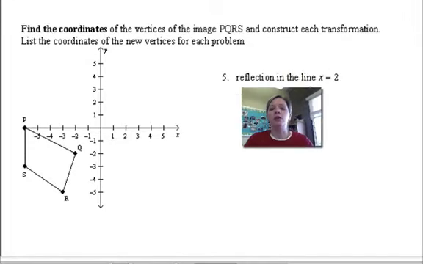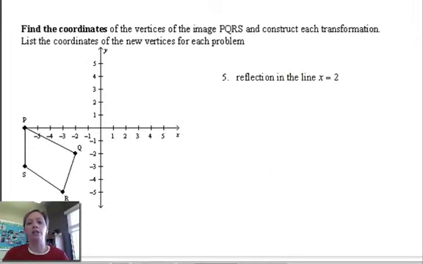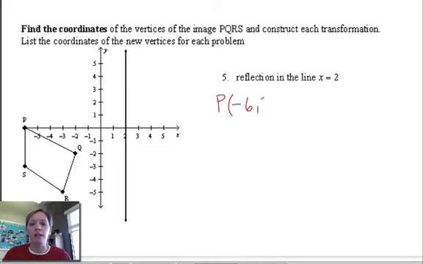Okay, so we want to find the coordinates of the image after we've done each transformation. So here we want to reflect in the line x = 2. So the line x = 2 is way over here. It's a vertical line. The other thing that we're going to do is list the coordinates of our points. So P is at -6, 0.